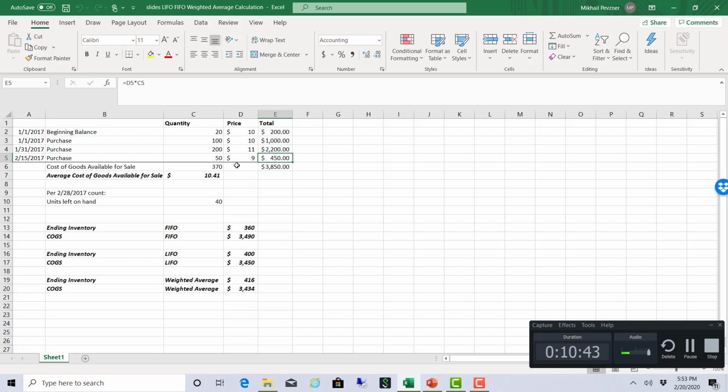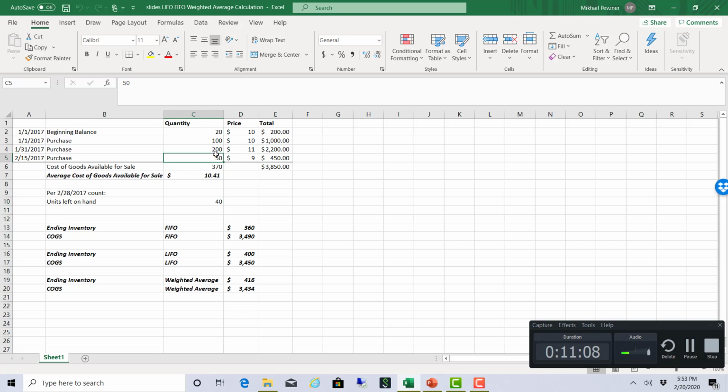So it's $38.50. Now I can calculate the average cost right away, by the way. I just take the total value and divide by the number of units. That's $10.41. Now I have 40 units left. What are those 40 units? Under first in, first out, we assume that whatever units were bought first are sold first. So whatever is left should have come from the latest purchase.